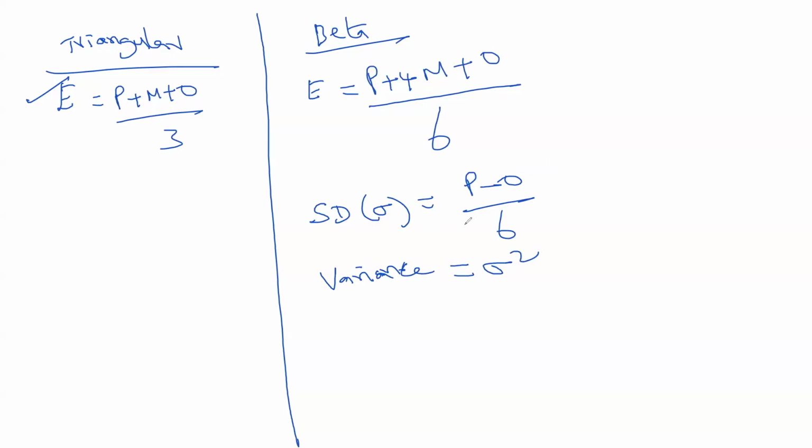Just know that this is the syllabus we are discussing, but nobody told us they got a question based on standard deviation and variance. For variance, we don't have a separate formula. Calculate the standard deviation and the square of that. That is about the 3 formulas: expected value, beta distribution, weighted average, standard deviation, and variance.